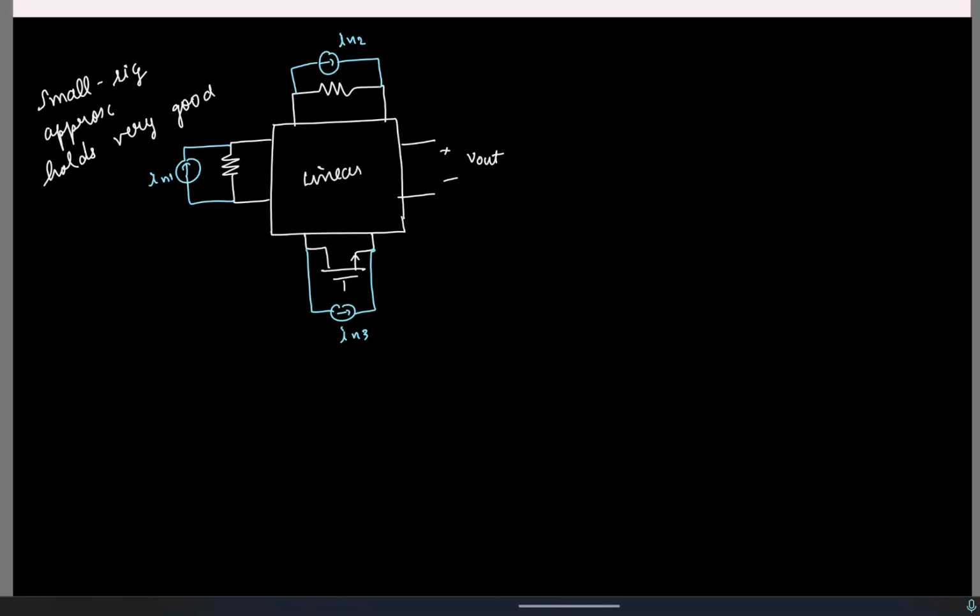So you have multiple input sources. To find the total output, let's say I find Vout of f. I can find it using superposition, considering only one source at a time. So let us say it is some in1 of f times some z1 of f plus in2 times some z2 of f.